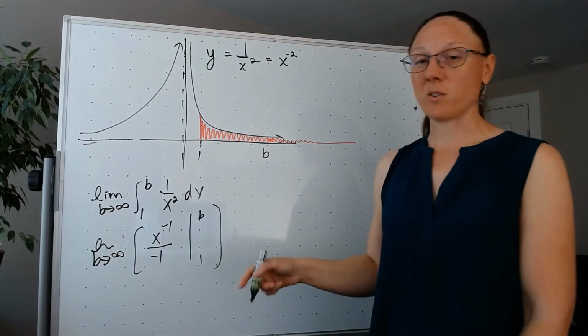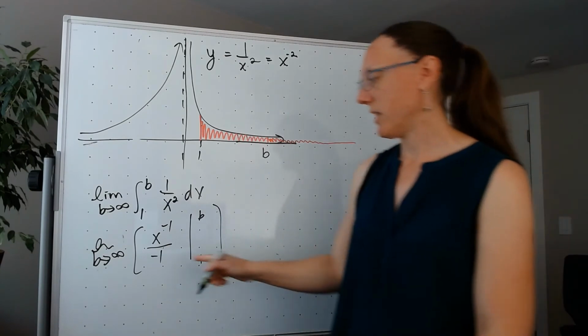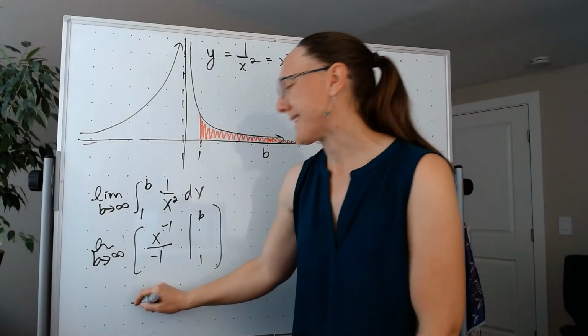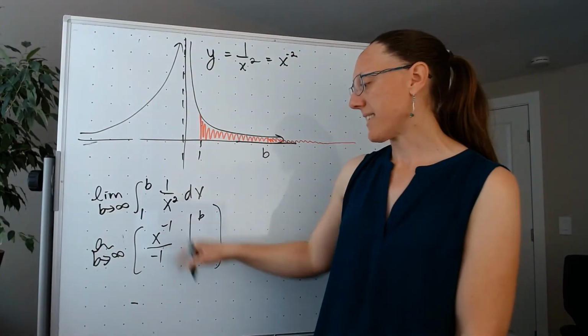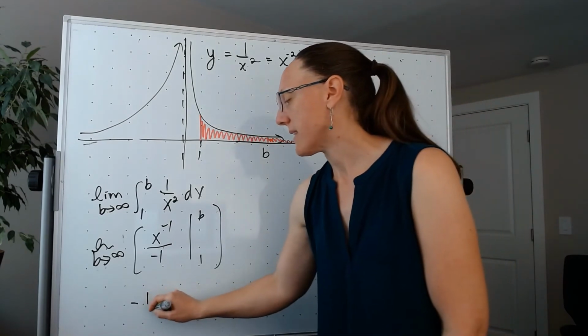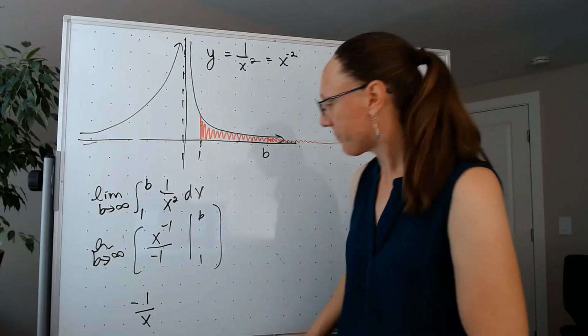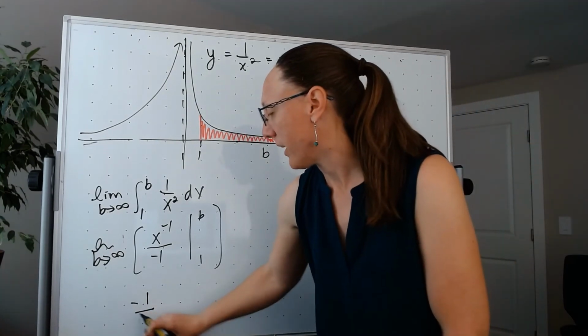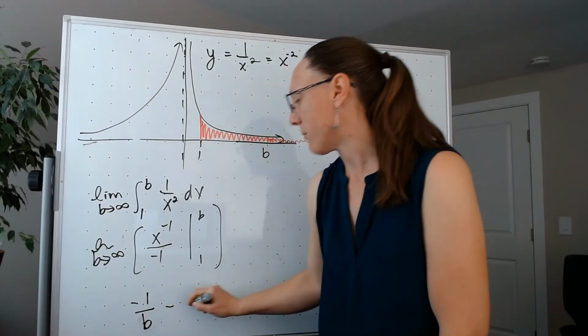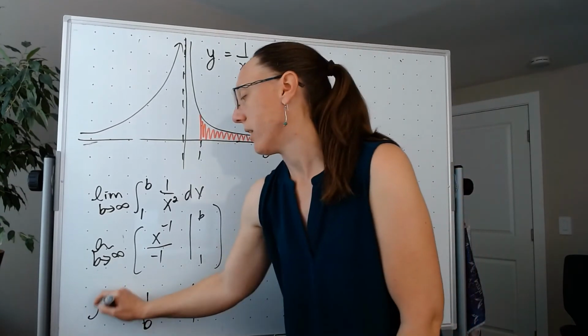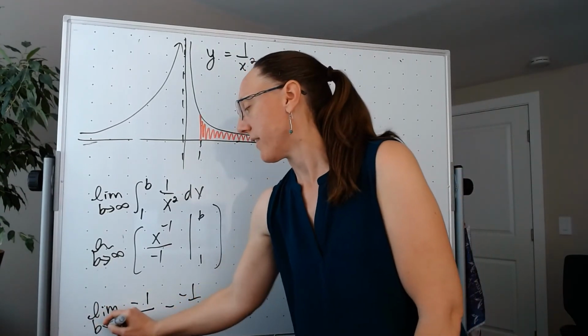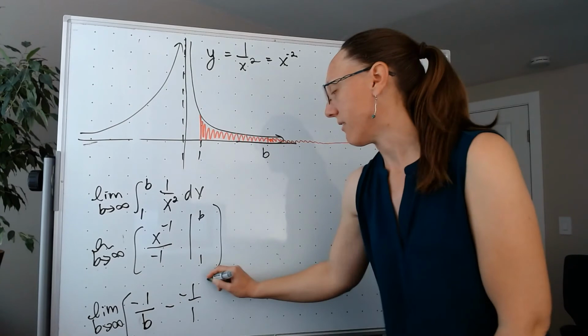Well, when I plug in those bounds, I'm going to choose to rewrite this. Dividing by negative 1 just makes it negative, and x to the negative 1 means that our x could be written in the denominator instead. And then I'll be plugging in b and subtracting off, plugging in 1. And don't forget, I've still got that limit as b approaches infinity.